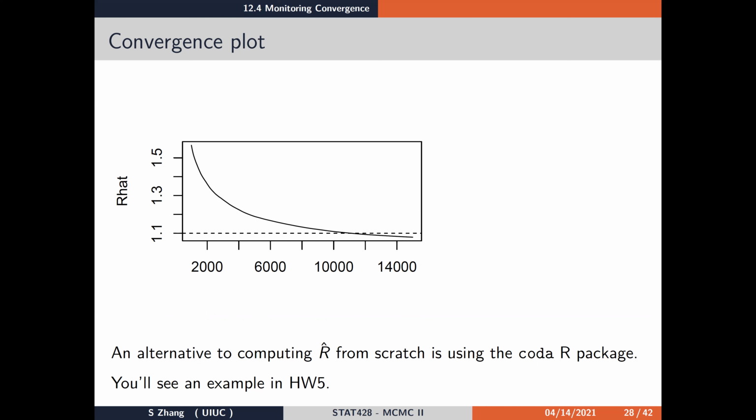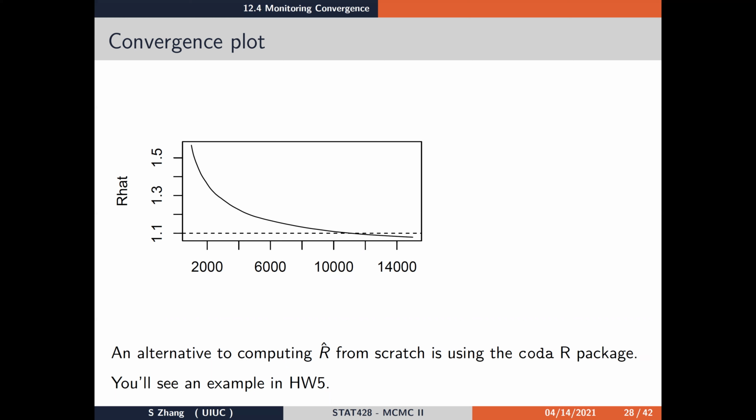So what it means is that for this particular example, running the chain for 12,000 iterations is perhaps sufficient for us to reach the stationary distribution. So what you might want to do is to set the burn-in length to something around 12,000. And you use all of the iterations beyond 12,000 as the post-burn-in draws for doing posterior inference or to compute all sorts of summary statistics.